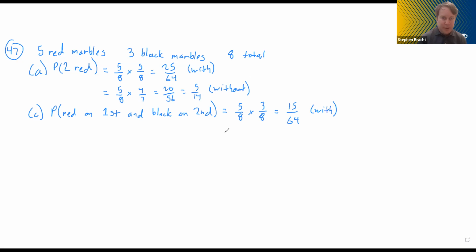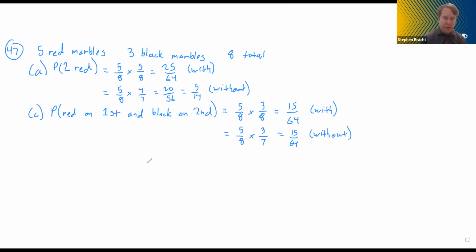And then if I calculate it again without, well, the probability of red on first is still 5/8. But if I don't replace it, and I go to pick the second one, there's still going to be 3 black marbles, but only 7 marbles total, right? So this equals 15 out of 56, and this is without. Okay.